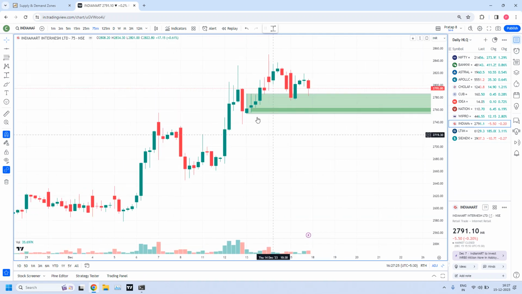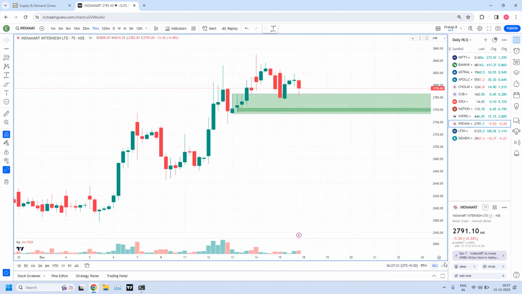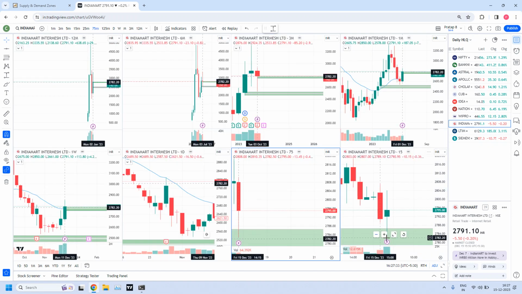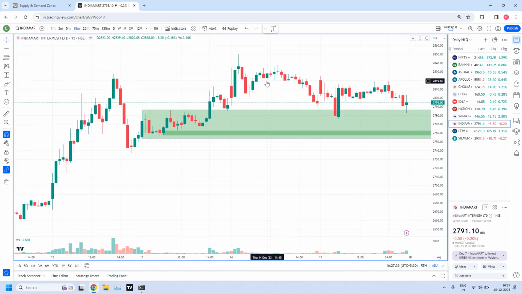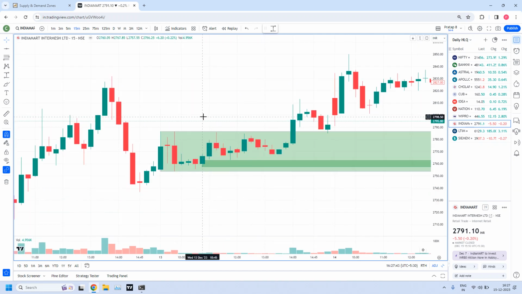The prices did not enter into this fine-tuned zone, because here we identified the zone. Let me tell you how we fine-tuned. Inside this zone, previously we had a supply.